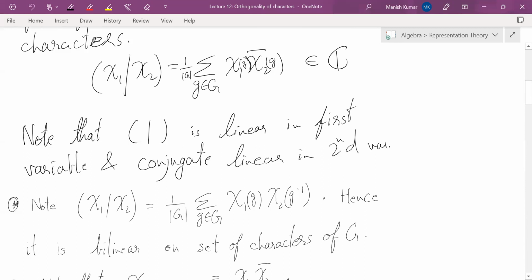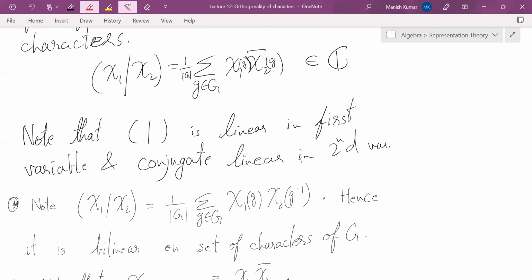Because you can also write it as the sum of chi1(g) chi2(g inverse), since we know that chi2 of g inverse is the same as chi2(g) bar. So hence it is bilinear on the set of characters of G. Not on arbitrary functions from G to C, but on characters, the smaller collection, it is bilinear.